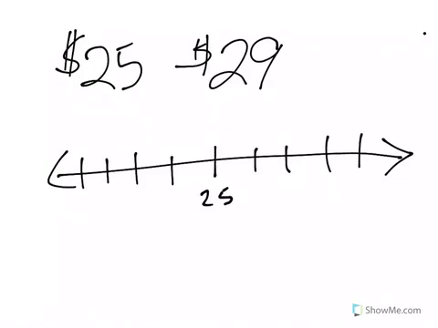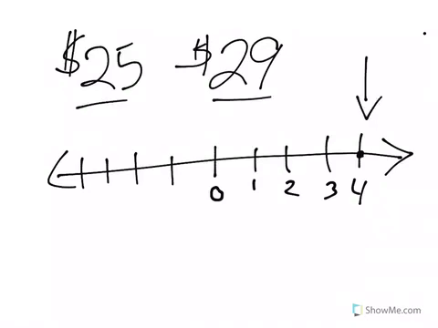So instead of making 25 and then writing 29 and doing all that business, I might still write a regular number line with a 0 and say this is 1, 2, 3, 4, and I would mark 4 because $29 is 4 higher than 25, so I have $4 above my account limit.